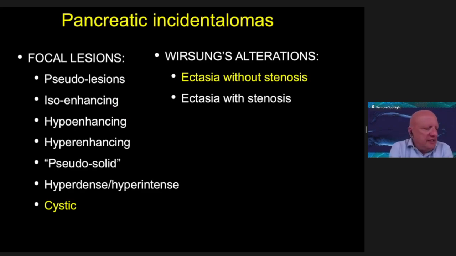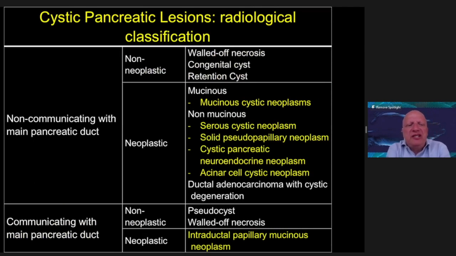Then we can see cystic lesions, together or not with dilatation of the duct, without stenosis. And whenever we see a cystic lesion, the first question we have to solve is, are these lesions communicating or not with the main pancreatic duct?